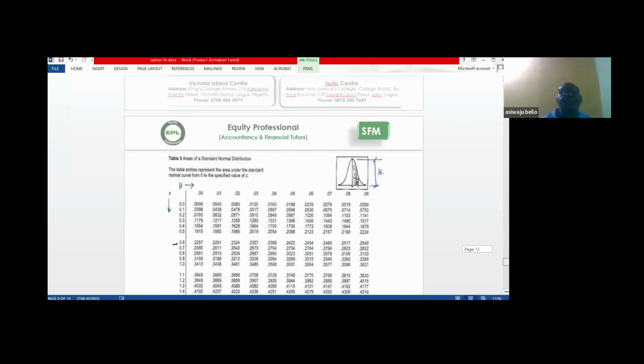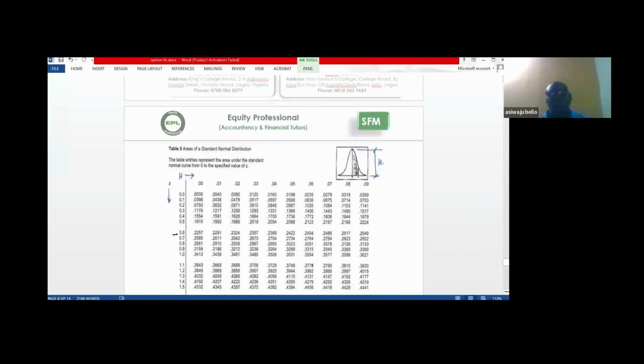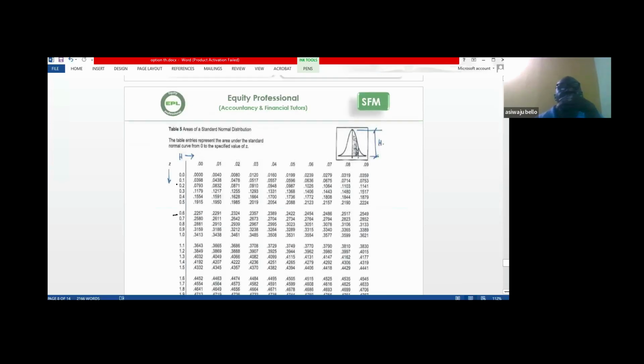Okay, look at the log here. We want to check this 1, 6. Look at it. 0.1, trace it to 6.